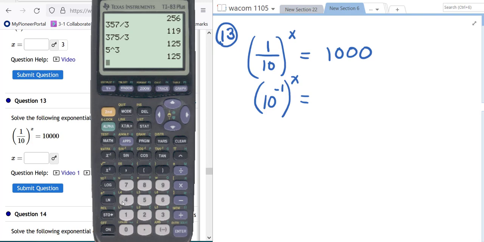It's 10,000, not 1,000. Okay. Sorry about that. So it will not be the 3rd. But we'll just try. So 10 is what we're going to try for the base. If we try 10 to the 3rd, that is going to be your 1,000. So 10 to the 4th is going to be your 10,000.